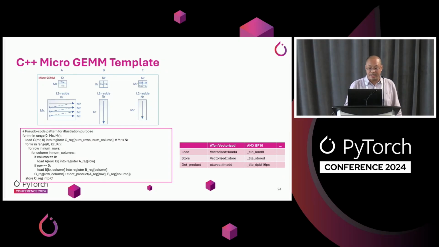The micro-GEMM template handles small GEMMs, with register blocking and instruction selection optimized for data types and CPU architectures. For example, on the 4th generation Xeon processor, we allocate 8 tile registers for A, B, and C, and use the tile dot product to compute the GEMMs based on the Advanced Matrix Extensions instructions available in the processor. If the processor only supports AVX512 instructions, we use FMA to compute the dot product.